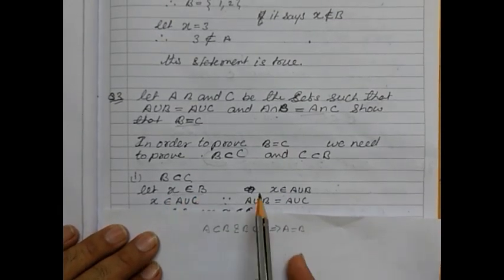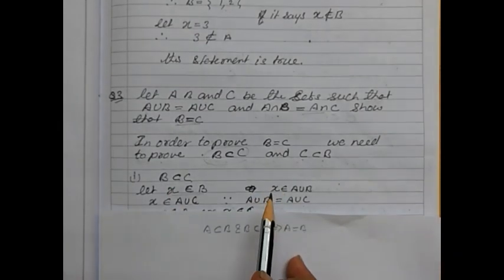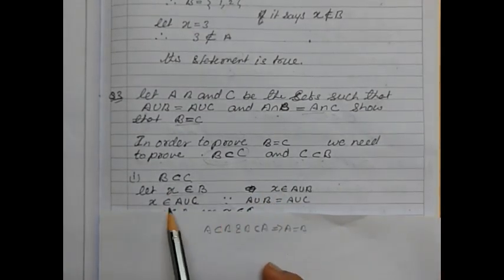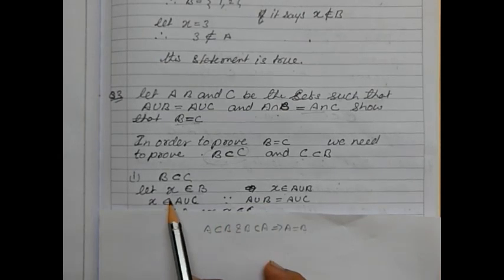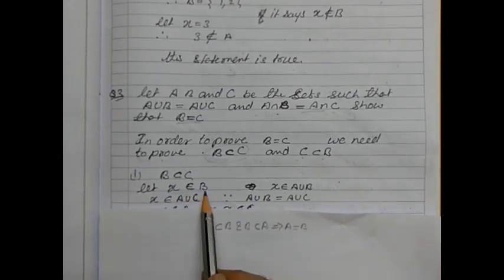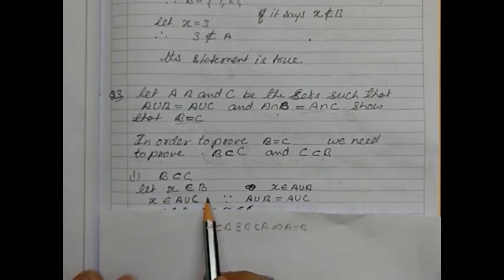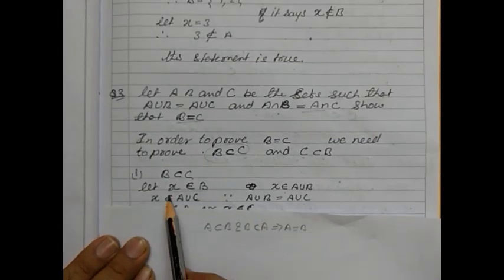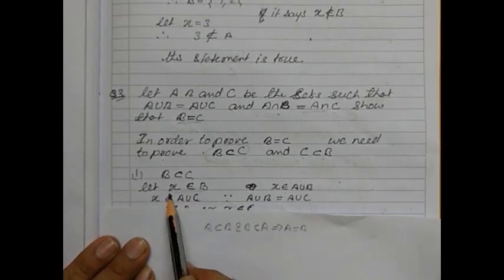Here you see that we are not taking examples as we have taken in question number 2, but you need to have the feeling that we are talking about elements, and the elements are present in a particular set about which we are talking. Okay, so here X belongs to B, that is the element.